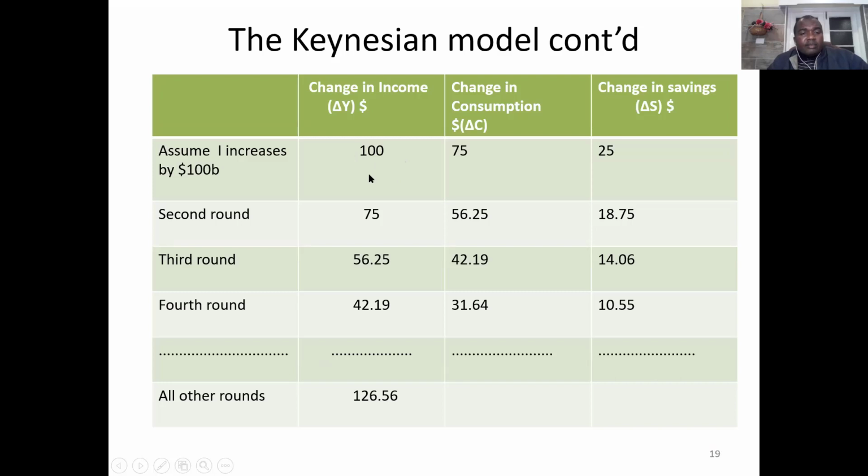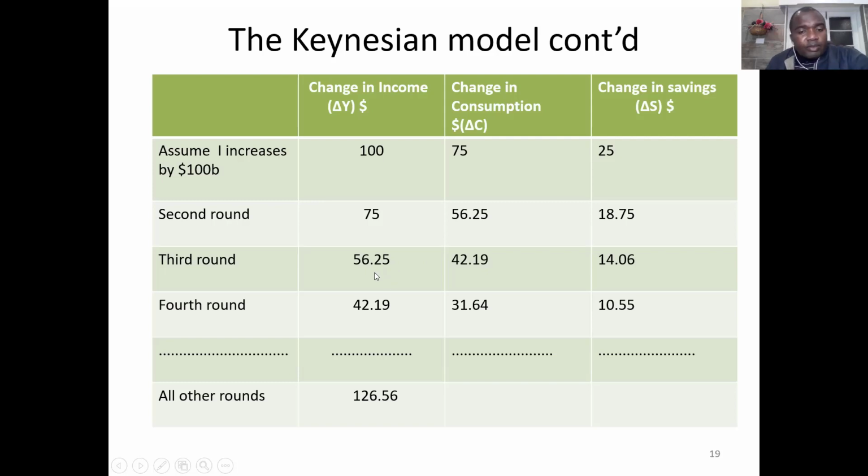This initial change in investment of 100 billion is distributed as the change in consumption of 75 billion, according to the marginal propensity to consume, which is 3/4, and an initial change in savings of 25 billion. In the second round, we have 75 billion. 3/4 of it is 56.25, and 1/4 of it is 18.75.